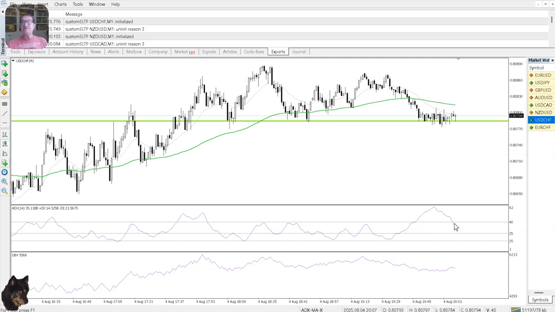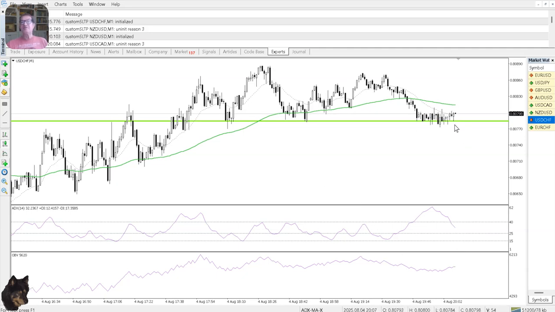The ADX is sitting in a good zone, and the DI minus is definitely greater than the plus DI, and the OBV is slightly up. That means buyers are trying to push their way back up. So this is contradictory, and that means because of that, we have no possible entry position.